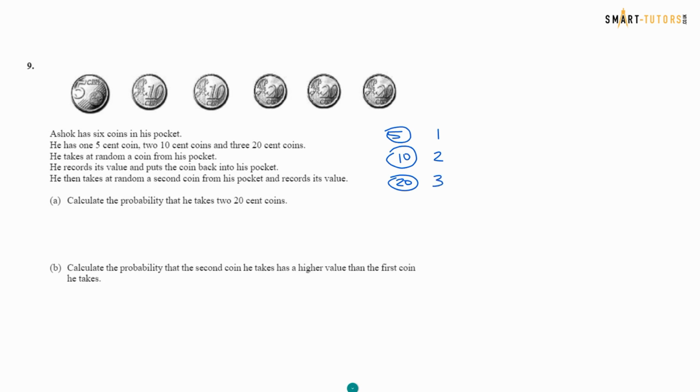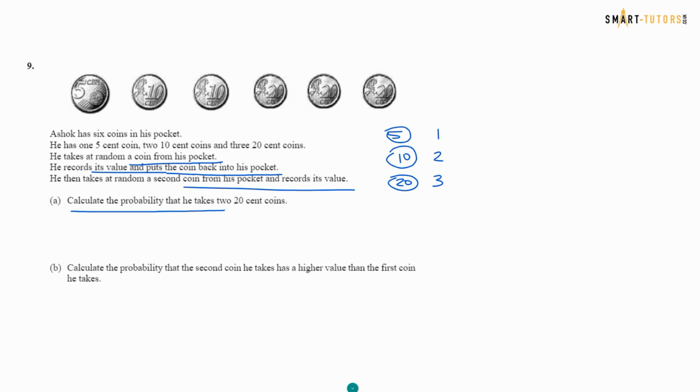He takes a random coin from his pocket. He records its value and puts the coin back into the pocket, so with replacement. He then takes a random second coin from his pocket and records its value. So first he takes a coin, records the value, puts the coin back into the pocket, and he is taking the second coin.